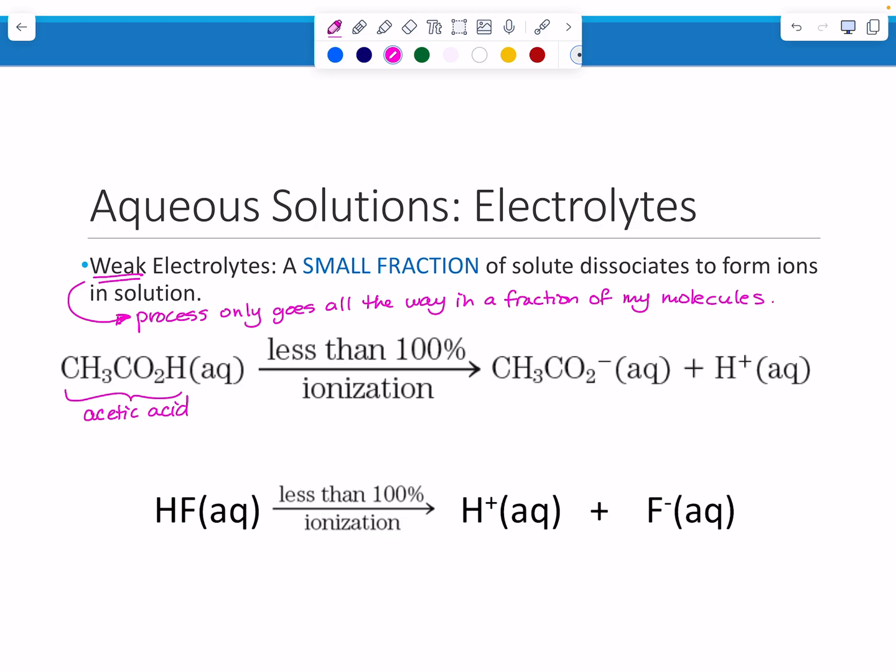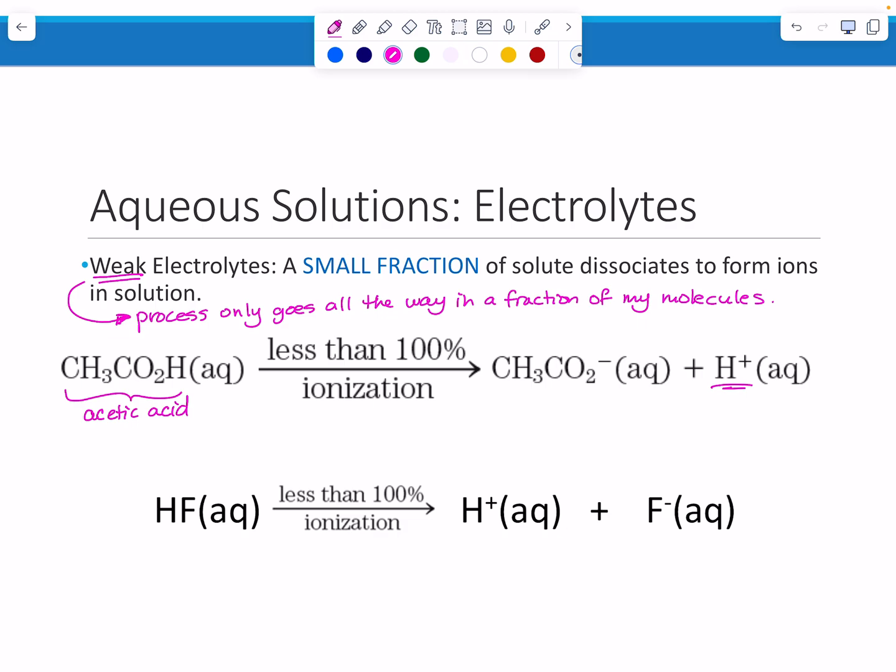When I put my acetic acid into water, every acetic acid molecule will be surrounded by water, but only some of them will have lost their proton.